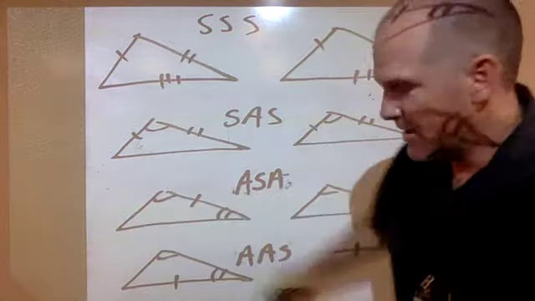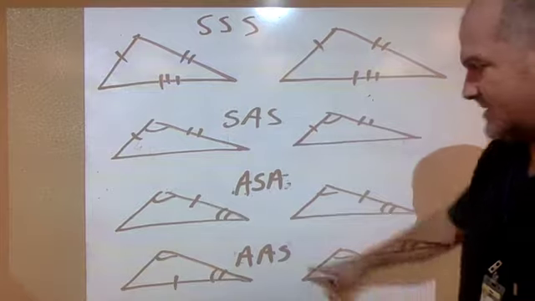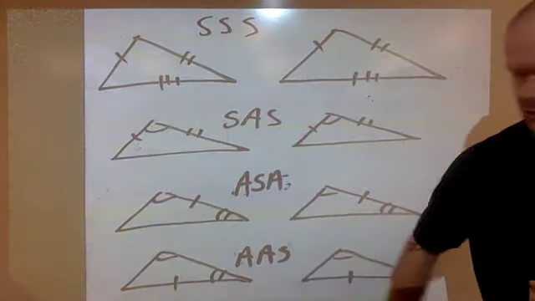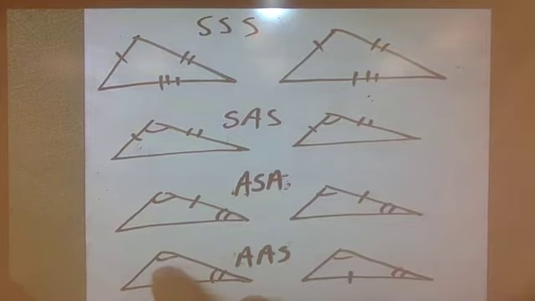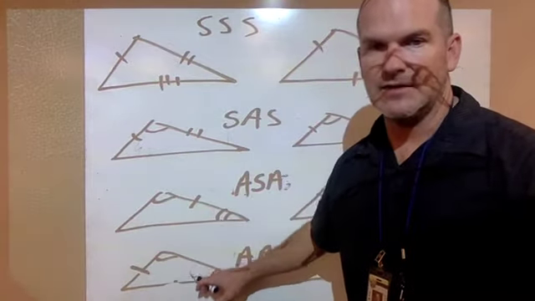That's ASA. If I would have picked either one of these sides, now I have a side that's not in between the 2 angles, and it's AAS. So I could have picked the bottom ones, or I could have picked the left-hand side. It doesn't matter. If I pick this side over here, say that side's congruent to that side, that's still AAS. You still have 2 angles and a side that's not in between those 2 angles.